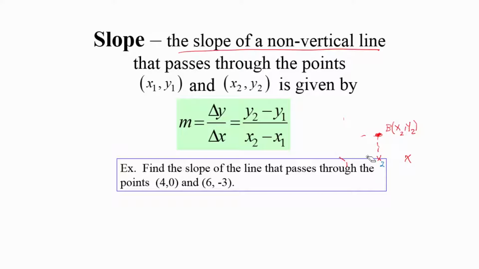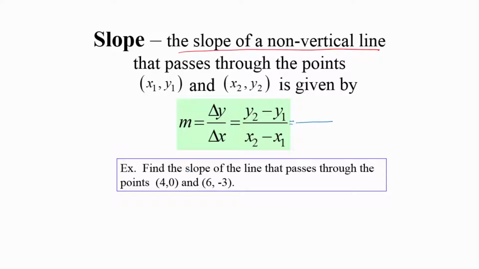And just do it right up here. So this would be equal to y2, that's the second y. This is the first point. This is the coordinates of the first point. This is the coordinates of the second point.